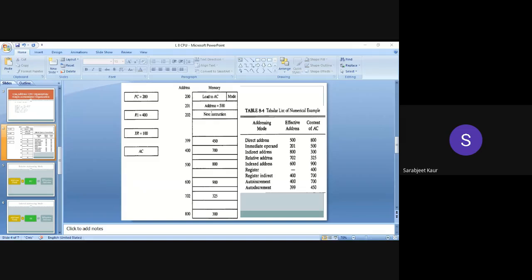Incrementation means always adding one, right? So the value of R1 will automatically change to 401 if I'm employing this auto increment mode. 400 will become 401. I will go to 401.